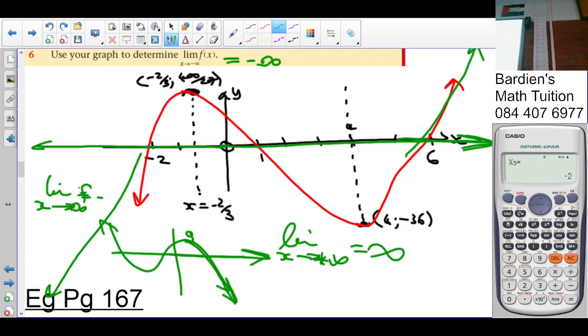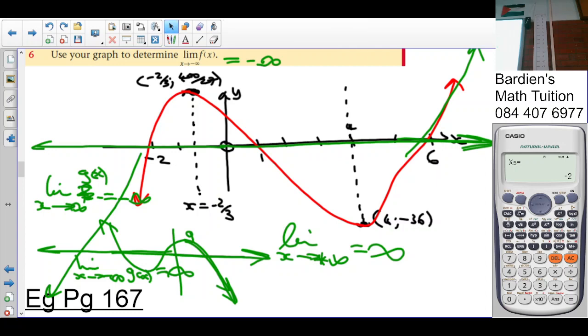This is of g of x now. No? It would be negative infinity. What will happen as the limit as x approaches negative infinity of g of x? This graph will approach positive infinity. Can you see that? So it depends on the end arms at that point. Okay.